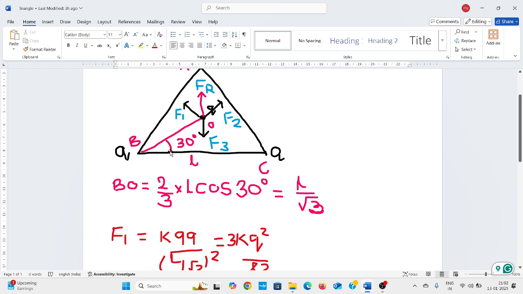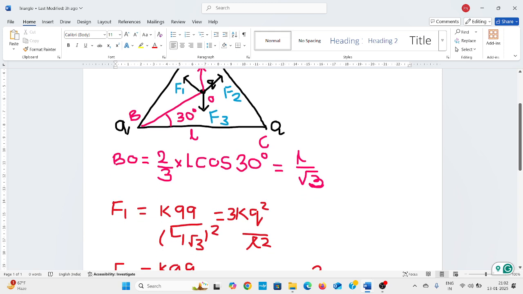Actually, the angle here is 60 and this is halved, so it becomes 30 degrees. The side is L and the perpendicular will be L cos 30, and BO will be 2 by 3 into L cos 30. That will be L by root 3.